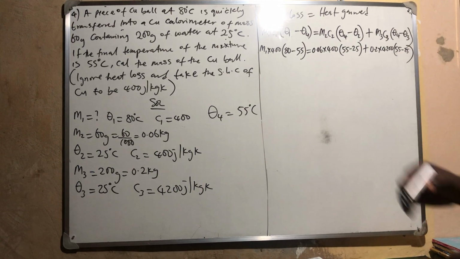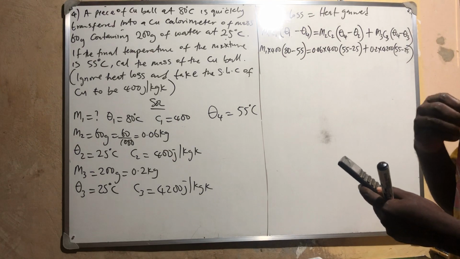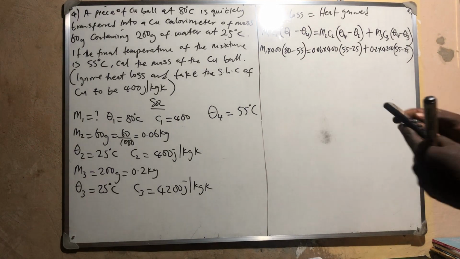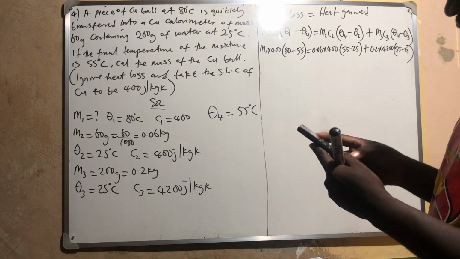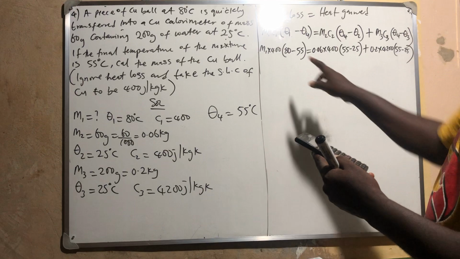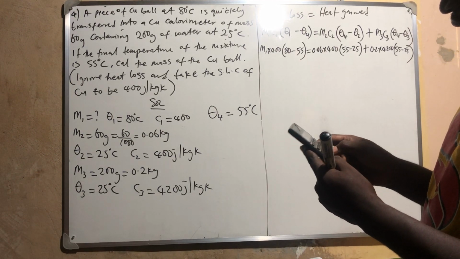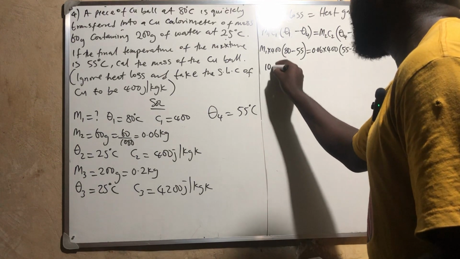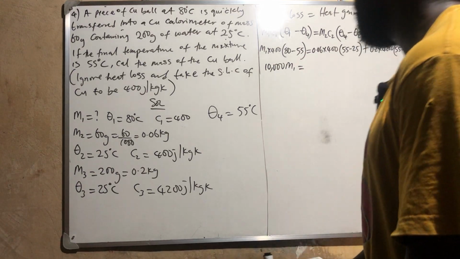Okay? So let us now do that. If you subtract that, you are going to have 80 minus 55. You now have 25. 25 times 400 times 400, you now have 10,000 M1. 10,000 M1 is equal to, multiply this.